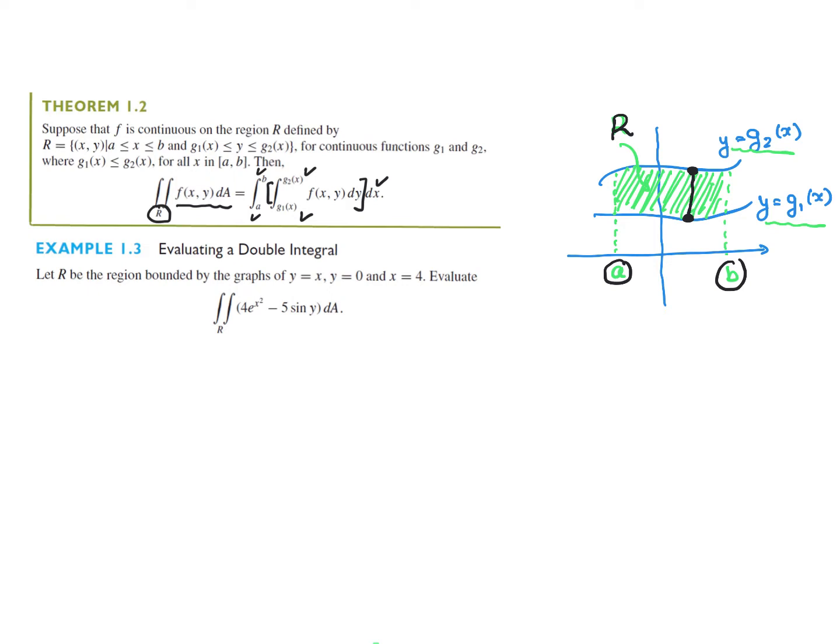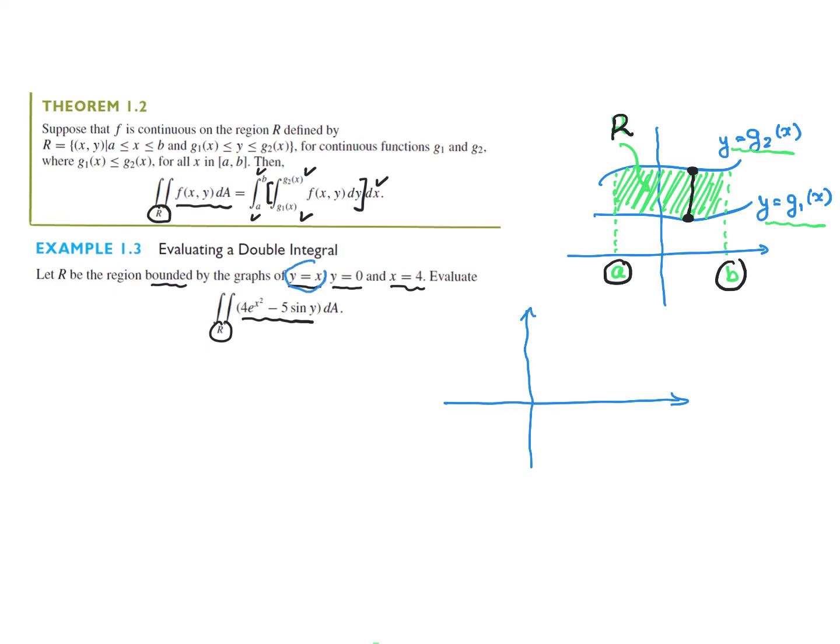Okay, in this example, we have a function f of x y, and we want to integrate it in the region R, bounded by the line y equal x, the line y equals 0, and the line x equal 4. So the first thing we need to do here is to actually graph this region R. So we need to know, how does this region R look like? Okay, so x and y axis.